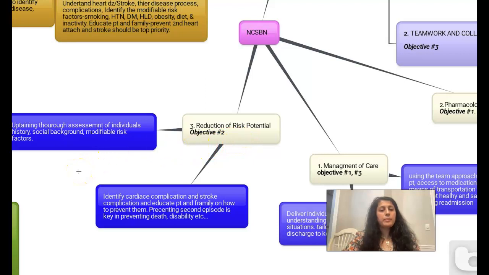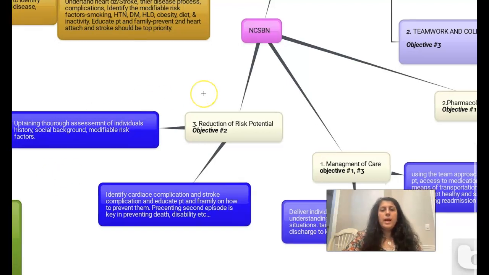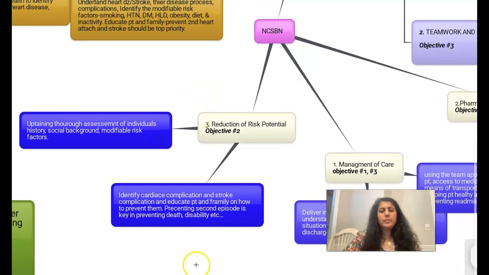It's important that the BSN students obtain a thorough assessment of the individual's history, social background, and modifiable risk factors, like we talked about, and teach patients how to prevent, how to make lifestyle changes so that they can not only avoid another stroke, but have a good outcome after the hospitalization.